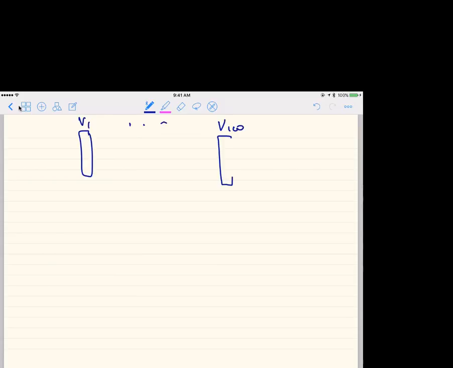Suppose we have 100 different vectors, and maybe V41 is a completely zero vector. We have to find a solution for the linear combination coefficients where at least one of them is non-zero.